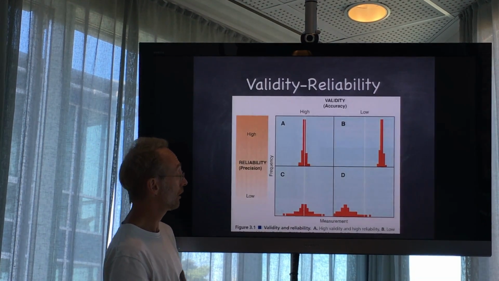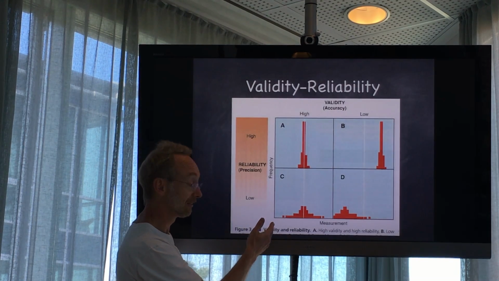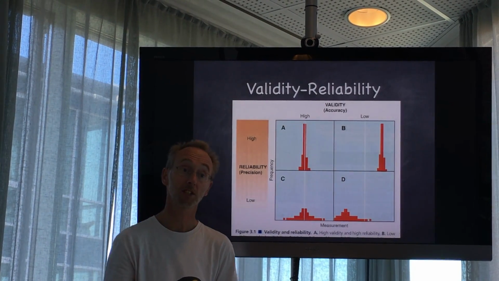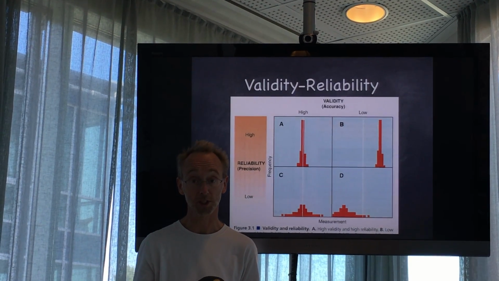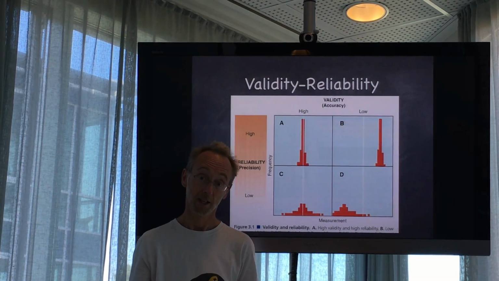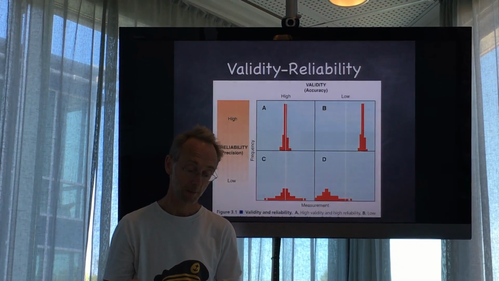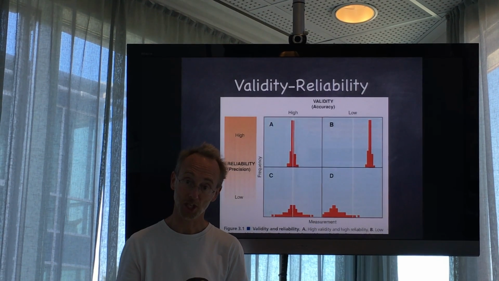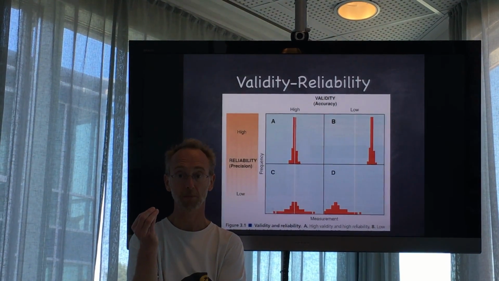Sometimes instead, you have a low reliability, but a high validity. That is a very uncertain method, which nevertheless measures what I wanted to measure. Let's say, for instance, I have a sun watch or something. It's really good at measuring time.